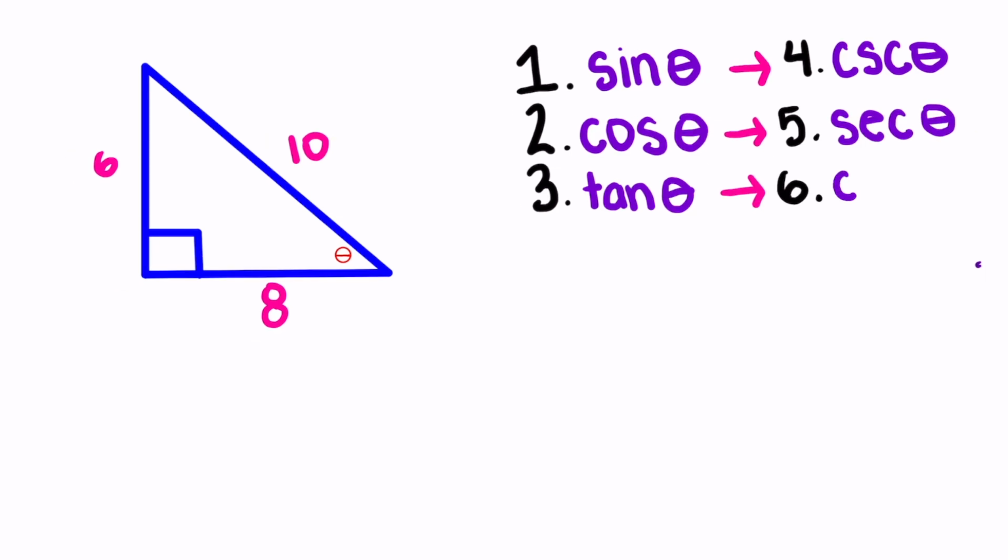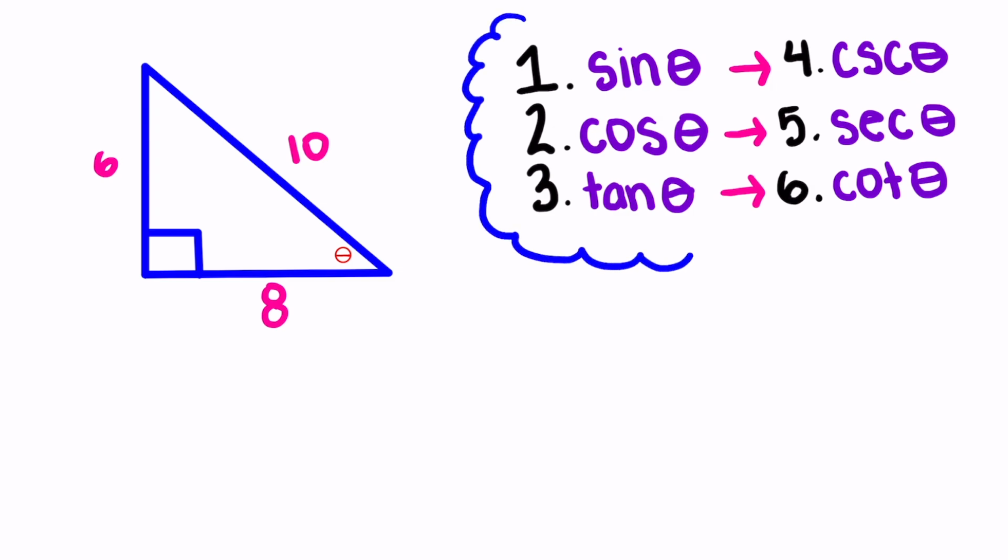So now we have all 6 of our trigonometric functions in relation to theta: sine, cosine, tangent, cosecant, secant, and cotangent of theta. So now we're ready to begin and solve this problem.